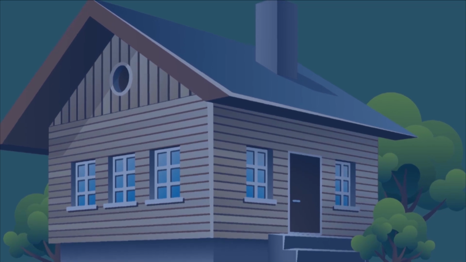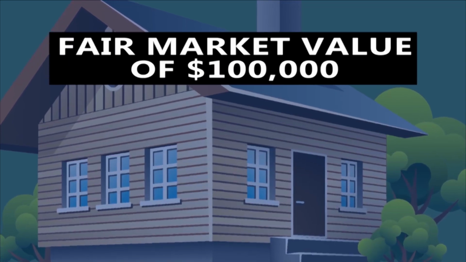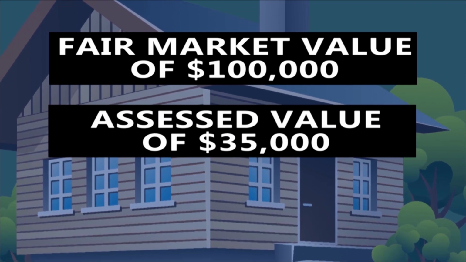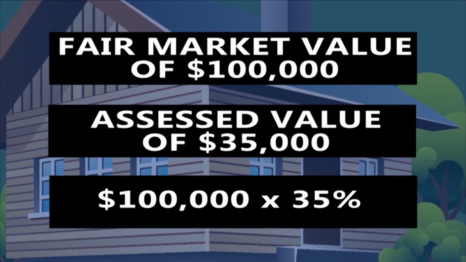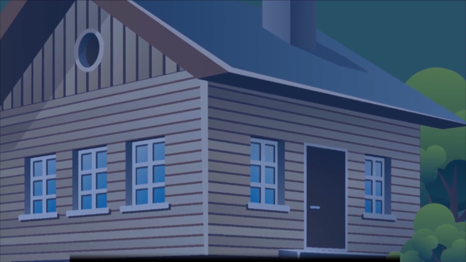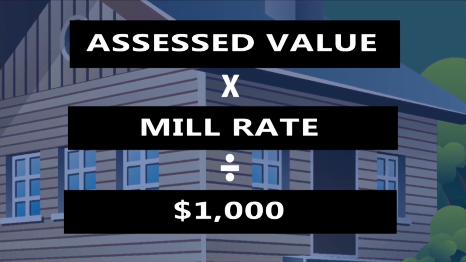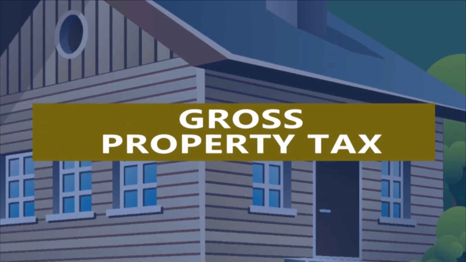Here's an example. A home with a fair market value of $100,000 would have an assessed value of $35,000. That's $100,000 times 35%. Now, the assessed value times the mill rate divided by 1,000 equals the gross property tax.